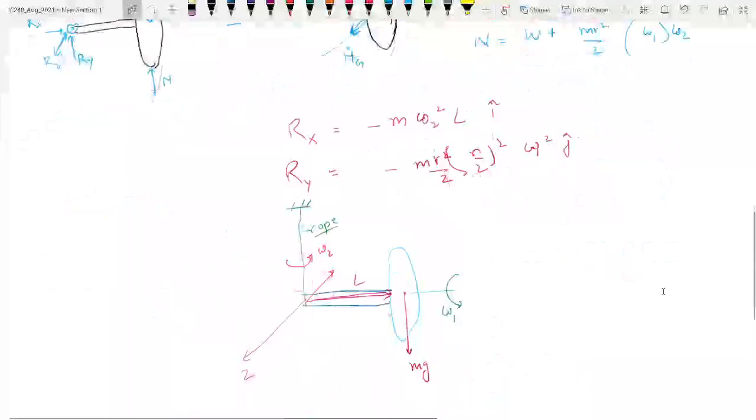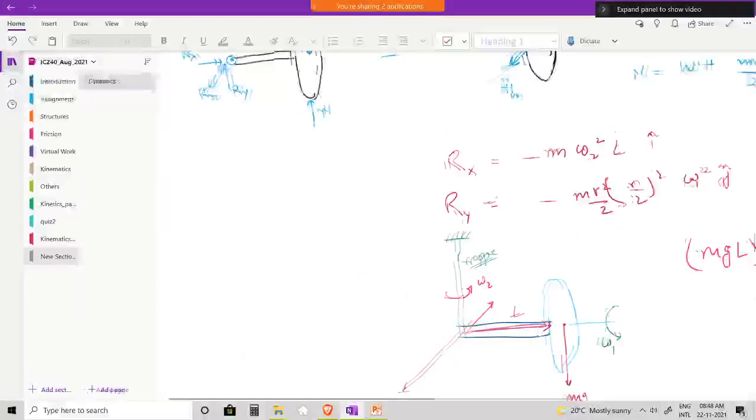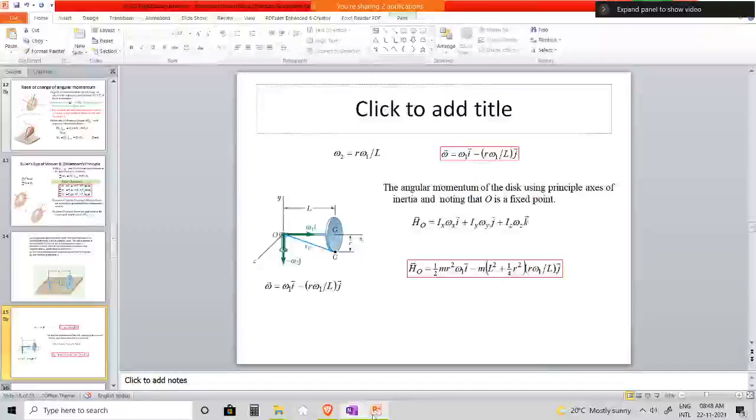So the moment about the third axis, which is your mgL, is equal to the I of the system times omega spin times omega precession, so half I omega 1 cross omega 2. That is your gyroscopic moment or gyroscopic torque. And now let's go back to the slide.